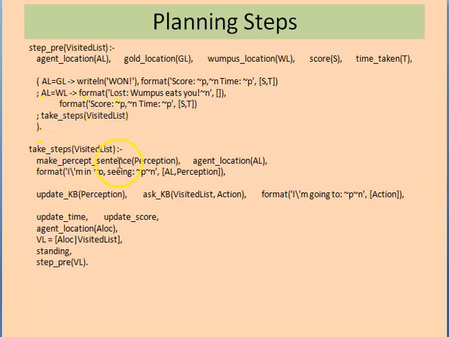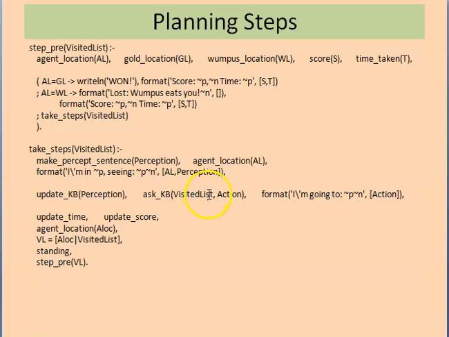In take steps, we will make a perception. This perception variable will be passed to the system, whether there is a stench or not, whether there is glitter, whether there is breeze, and the agent location will be passed to the system. Then we have to update the knowledge base with the perception. We will update the parameters for breeze, stench, glitter and all, and then we will ask the knowledge base what action should be taken for the visited list.